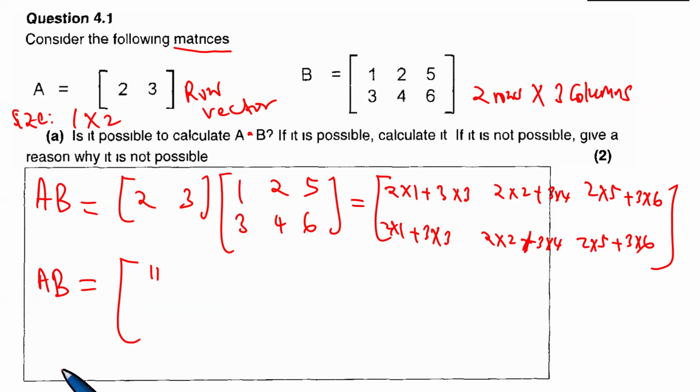So when you multiply this, you know that you're multiplying a 1 by 2, 1 row by 2 columns, with a 2 by 3, and therefore you'll get a 1 by 3.